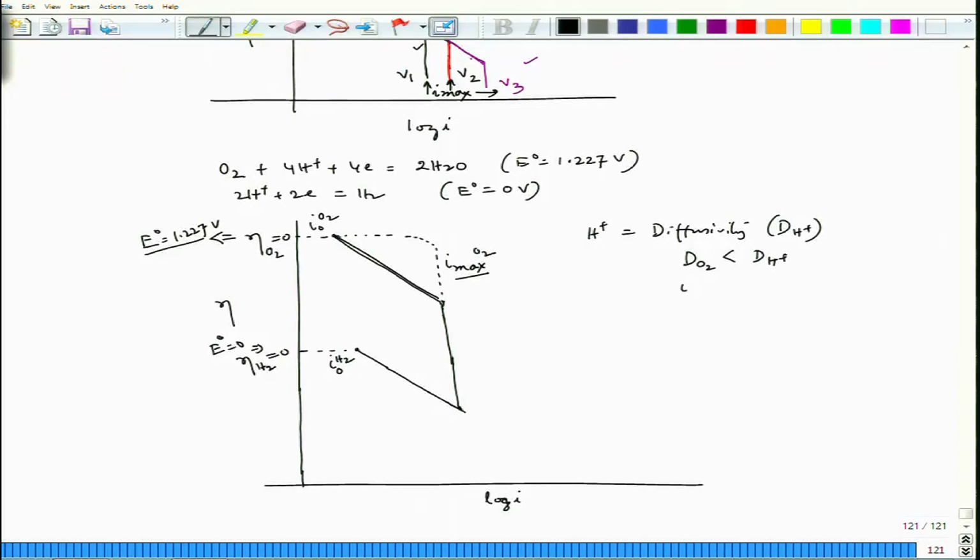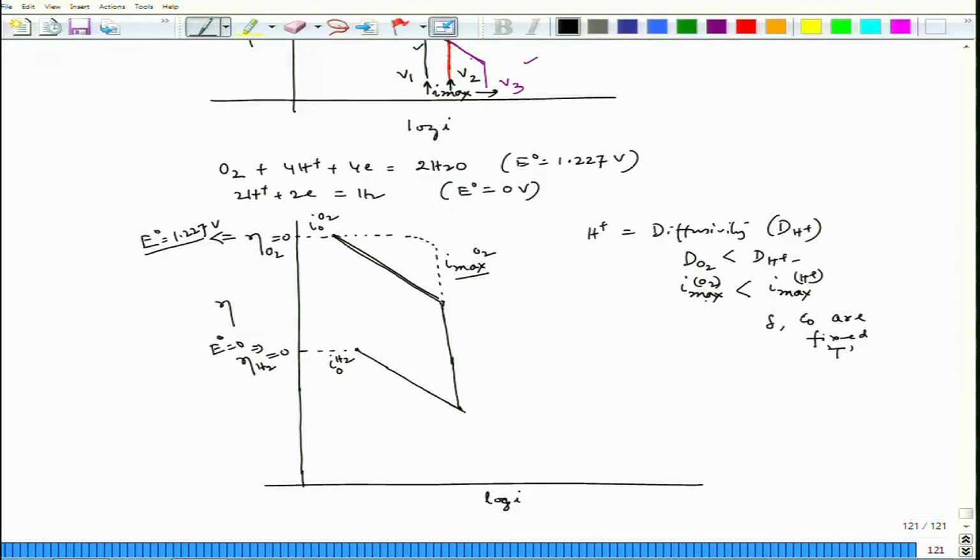Correspondingly, I max for the O2 reaction should be less than I max for H plus ion, considering that delta and C0 are fixed. Of course, temperature is also fixed. I am just seeing the size of those particular molecules. Since H plus is a very small size, its diffusivity would be very fast, so I max should be high for H plus ion.